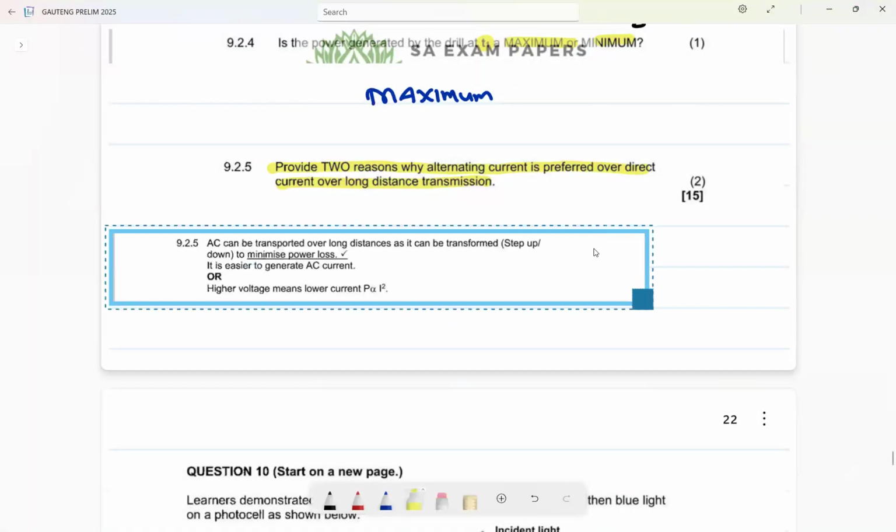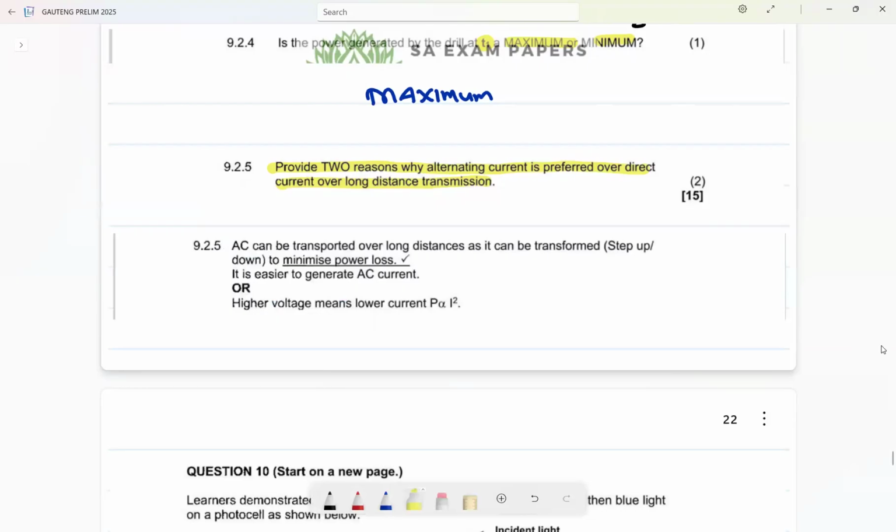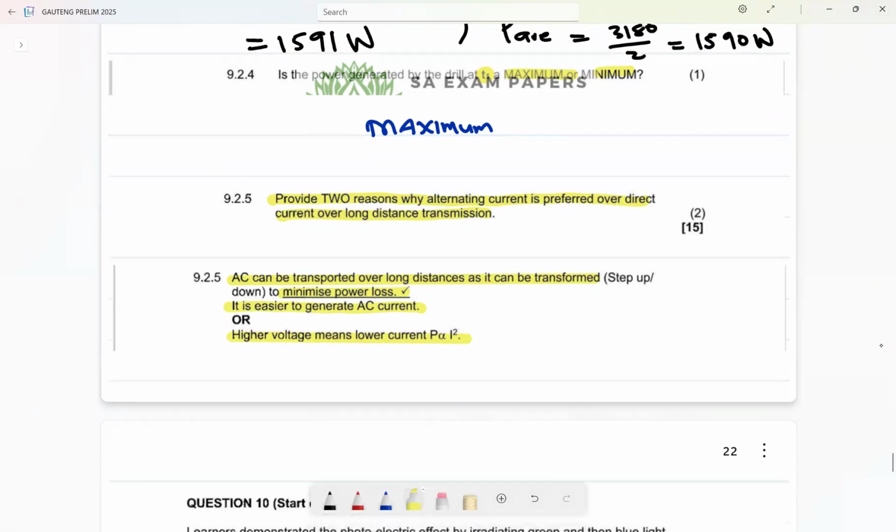So we can say it can be transported over a long distance as it can be transformed, stepped down or up, to minimize power loss. And it is easier to generate AC current. And then, higher voltage means lower current. It means our power loss will not be that much and it won't be dangerous. It will be easier for us to control.